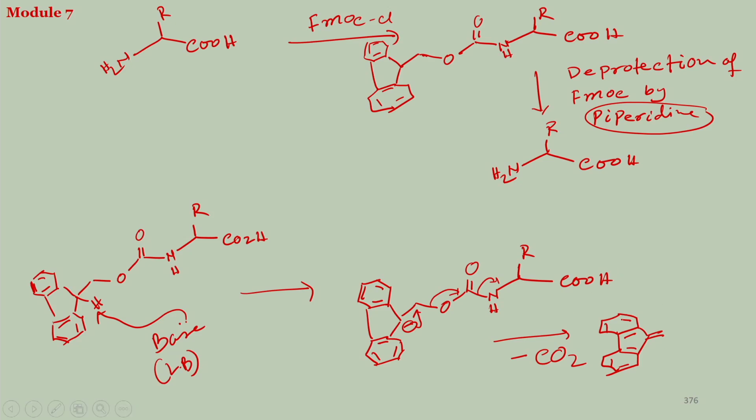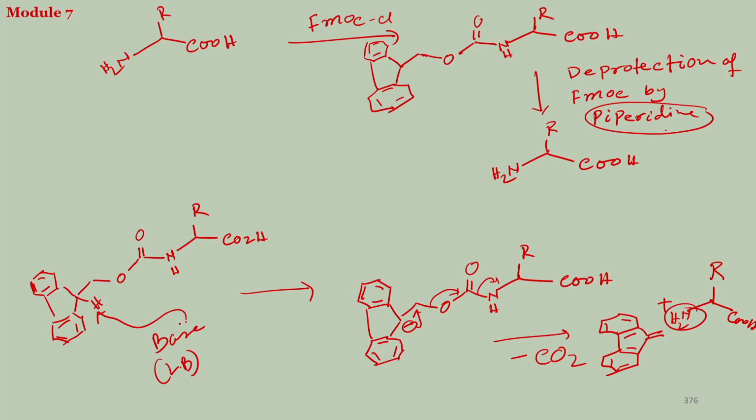This is the intermediate product that is formed. Again this will be reacting with something, if you have the other stuff, will give you a stable compound, plus your desired free amine. So, that is how the FMOC is deprotected using piperidine.